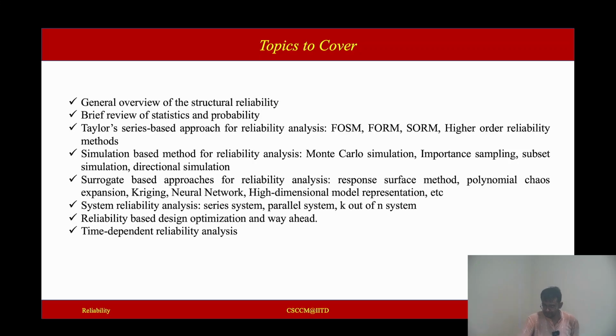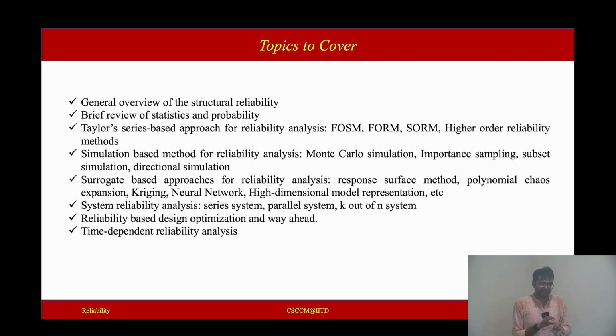Okay. And after that, until this point we will be primarily focusing on what is known as component reliability. So, you have a component, whether the component is reliable or not. What does it even mean? I will come to that. After this point we will go to system reliability. A system is something which comprises multiple components.